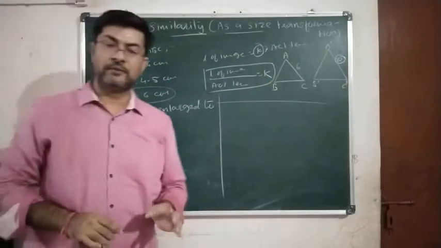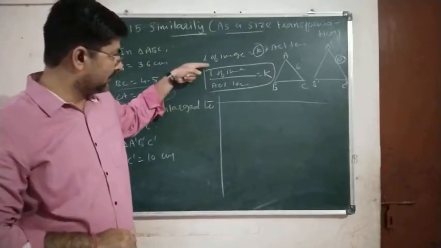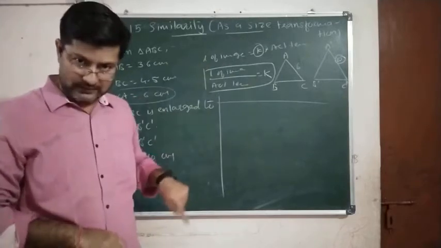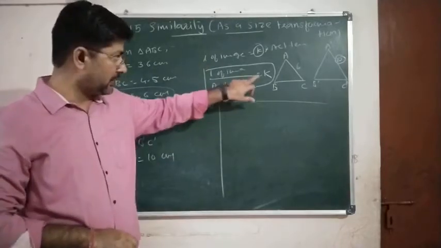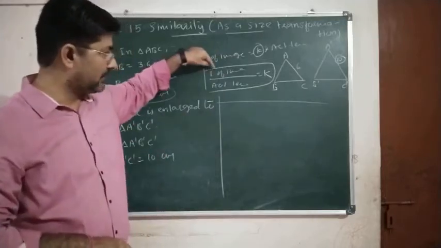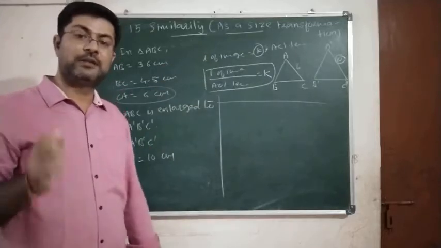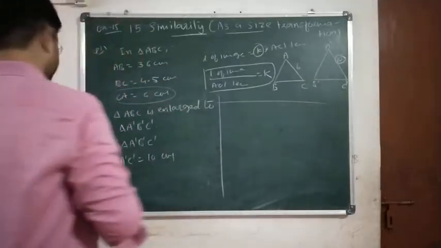If you want to find the scale factor in any case, then divide the image length by the actual length. Yes or no? So you will remember this as a formula to calculate the scale factor. Numerator will be length of image upon actual length or length of the object. Clear?